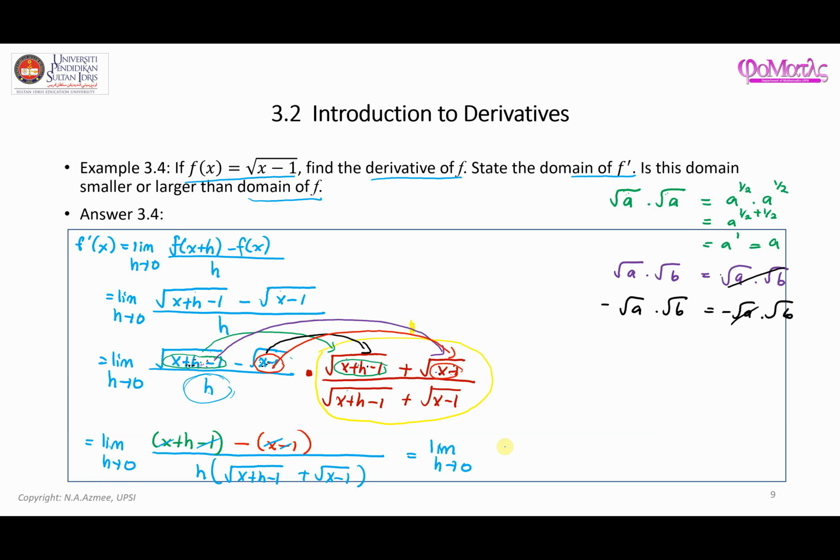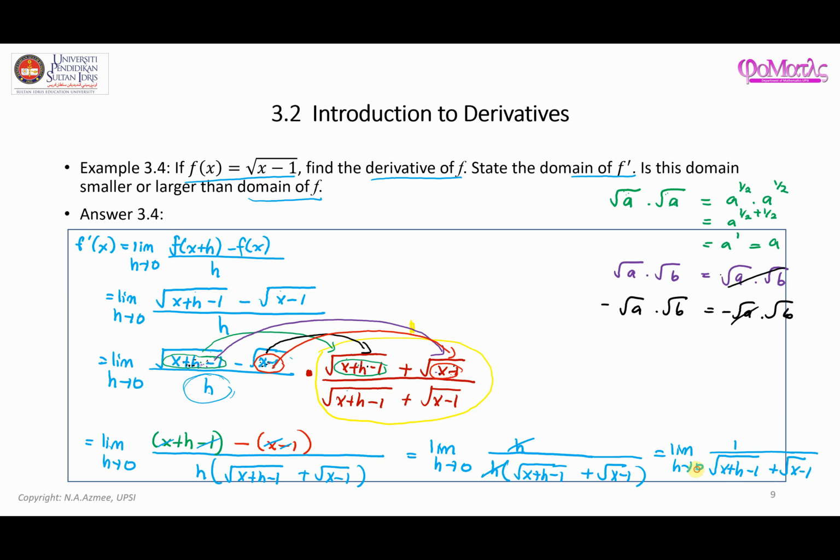So what you have is h over h times the square root of x plus h minus 1, plus the square root of x minus 1. And of course h here can be cancelled out. And so what you have is the limit as h approaches 0 of 1 over the square root of x plus h minus 1, plus the square root of x minus 1.